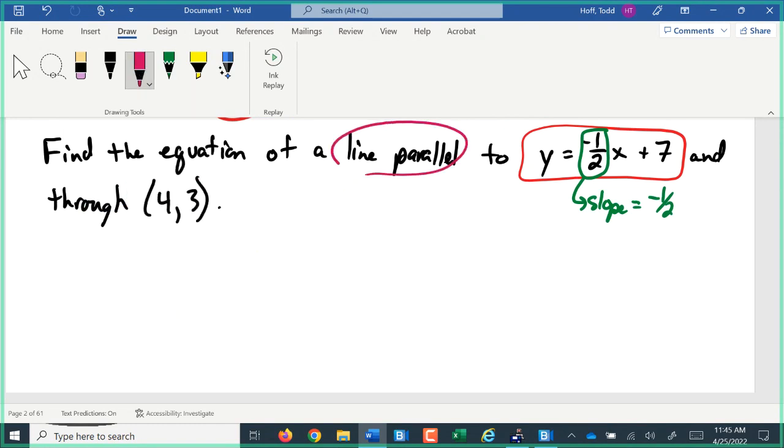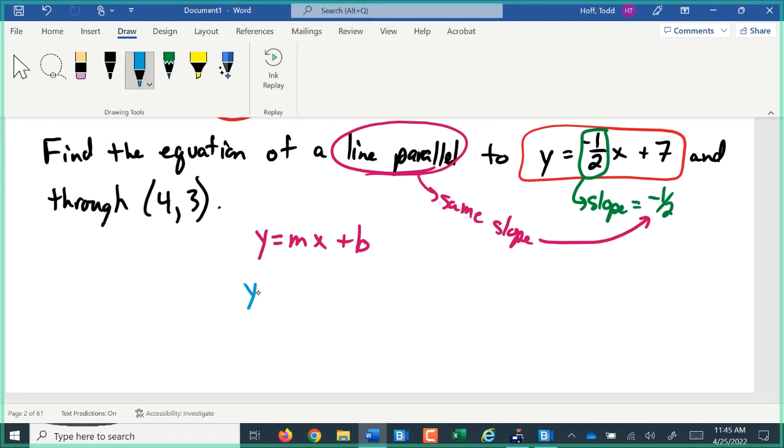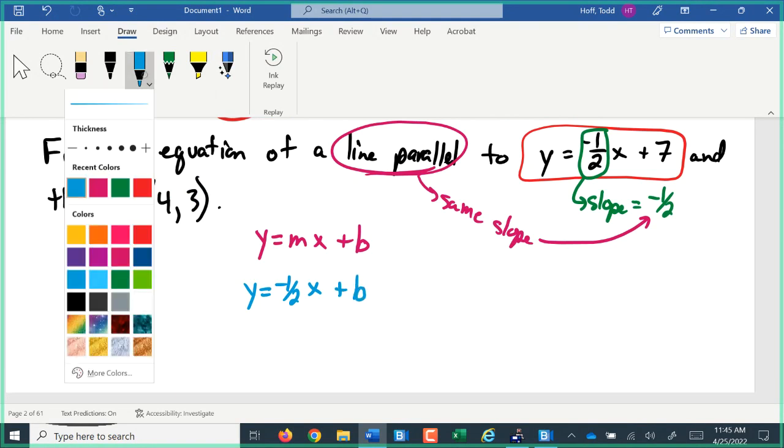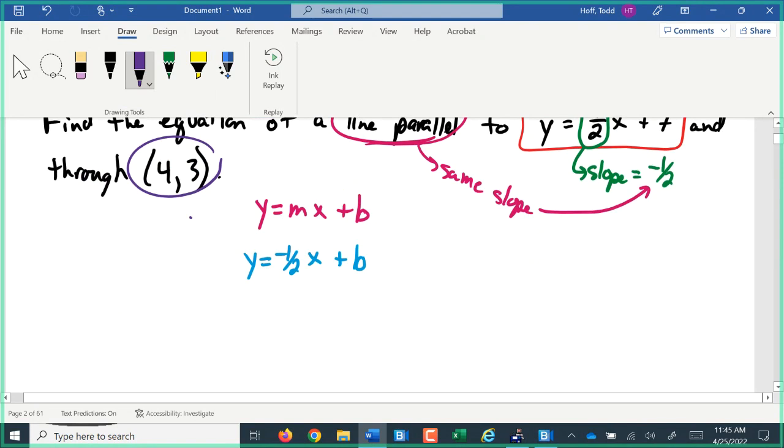We are looking for a line parallel, which means the slope stays the same. So it's going to be negative 1/2. So in our equation, form y equals mx plus b, we replace m with negative 1/2. So y equals negative 1/2 x plus b. And now, as we have been, we go back to this given point, and we put that in for x and y to solve for b.